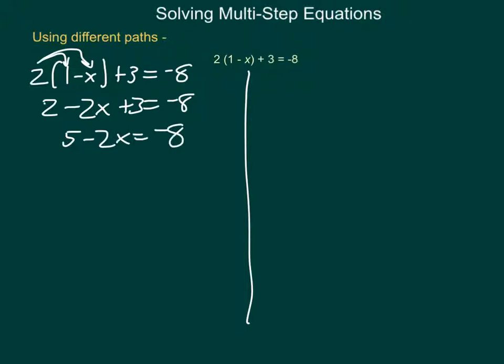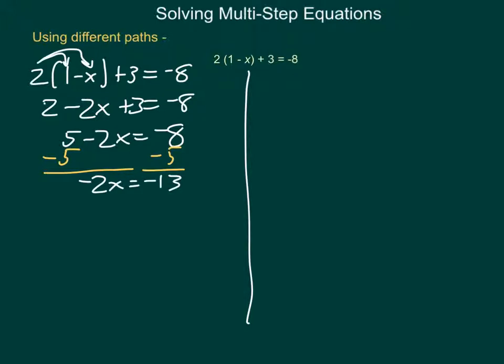Now I run into SAD/MAG. Do I have any subtraction or addition? Yes, I have this positive 5 on here. So how do I get rid of it? I'm going to subtract 5. A positive 5 and a negative 5 when put together do come out to 0. So negative 2x equals a negative 13.